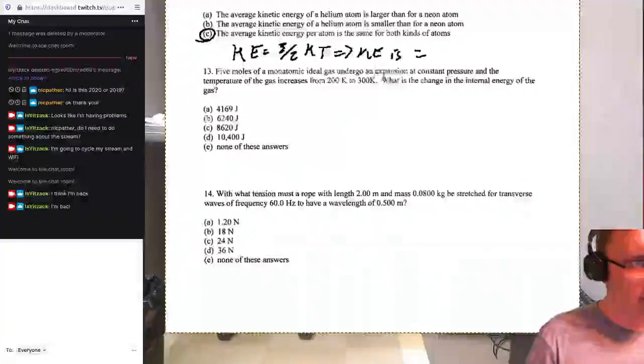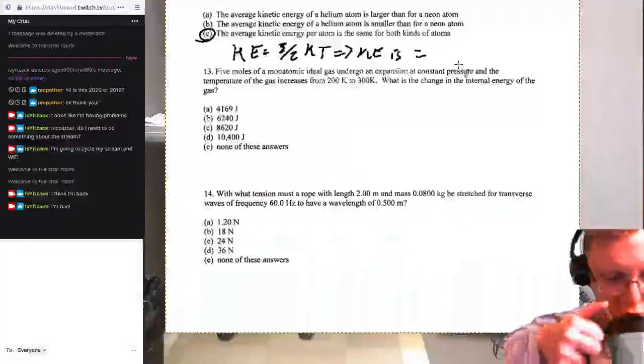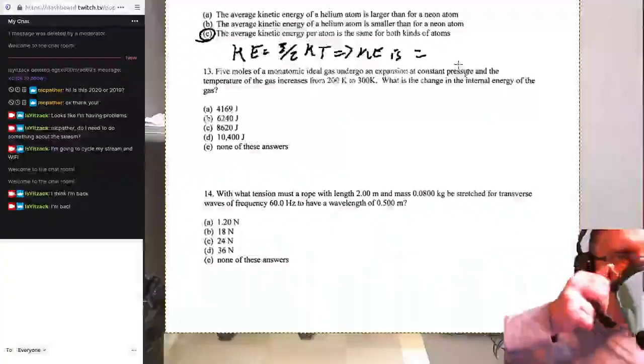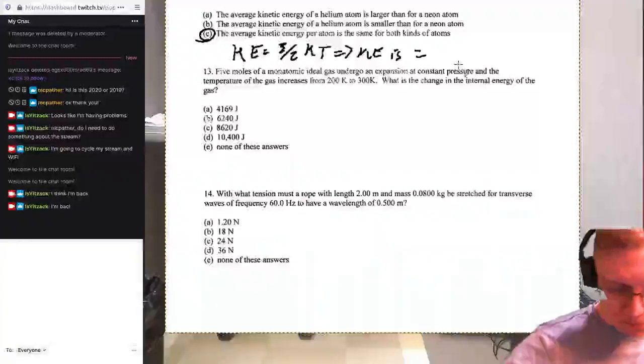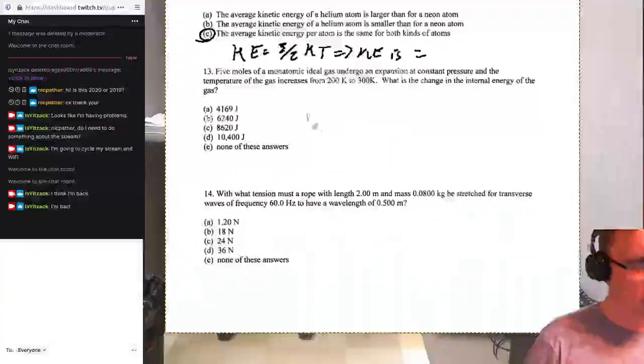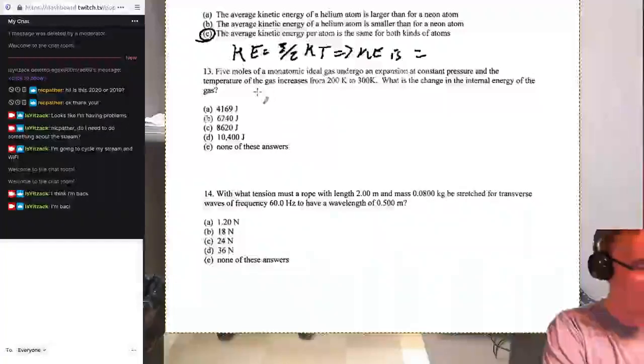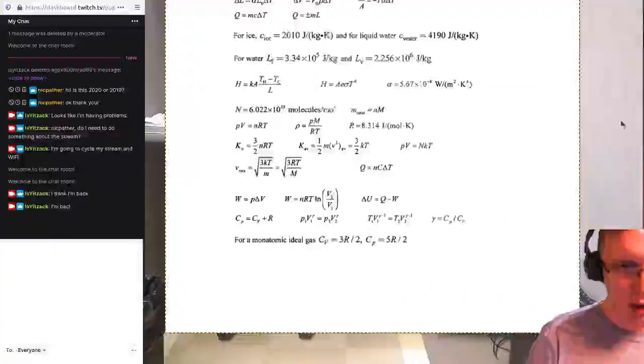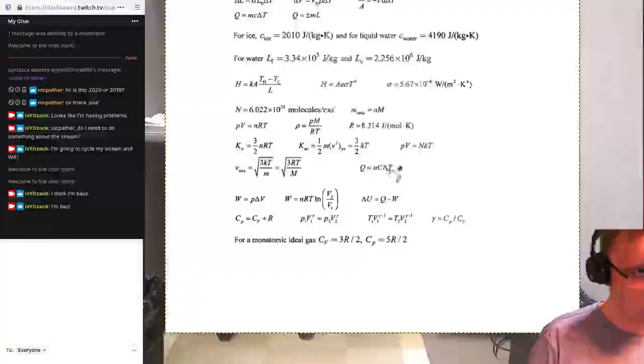Five moles of monatomic gas undergo an expansion at constant pressure, and the temperature increases from 200 Kelvin to 300 Kelvin. What is the change in the internal energy of the gas? Okay. So internal energy, I believe that equation is given to us.